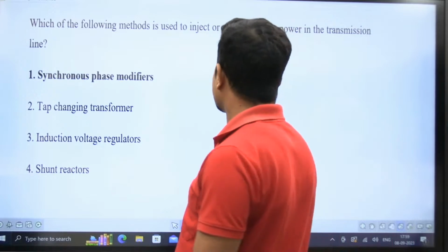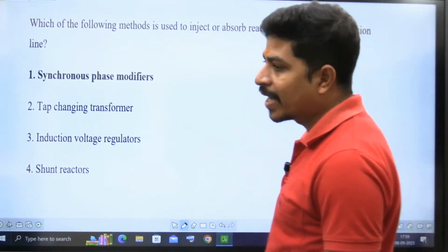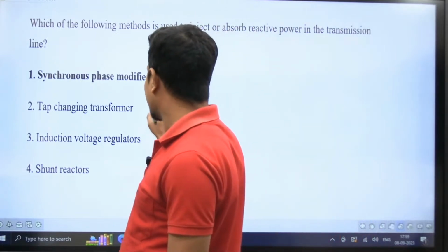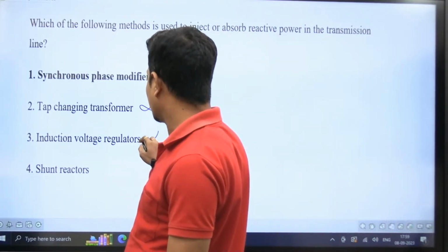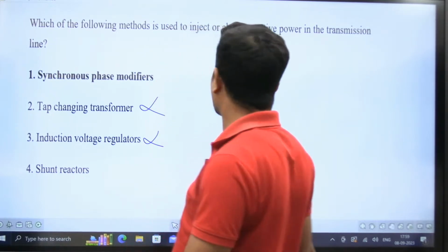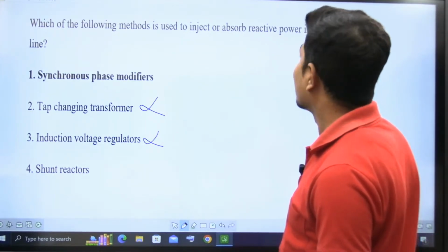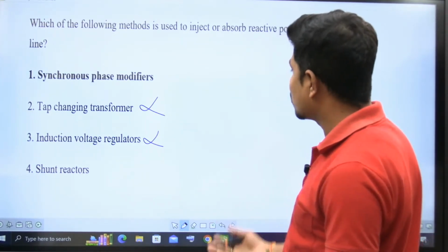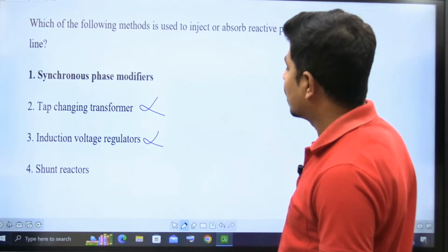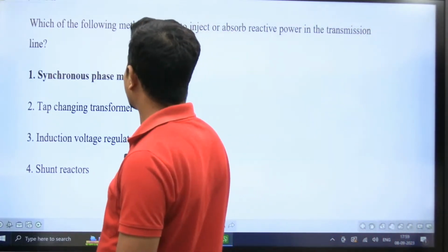Which of the following methods is used to inject or absorb reactive power in the transmission line? Tap changing transformer will not, induction voltage regulator will not, shunt reactor. See, the transmission line is going to absorb reactive power.